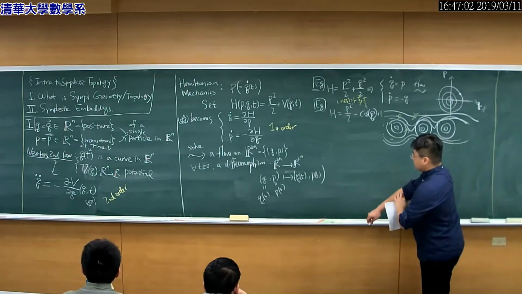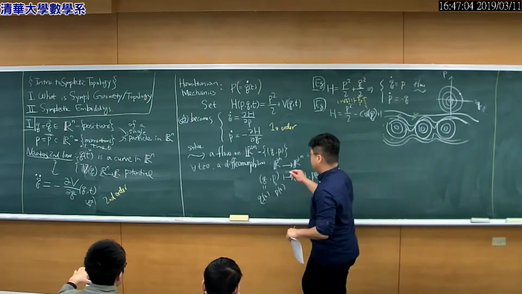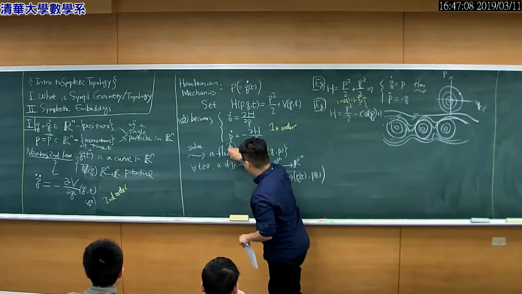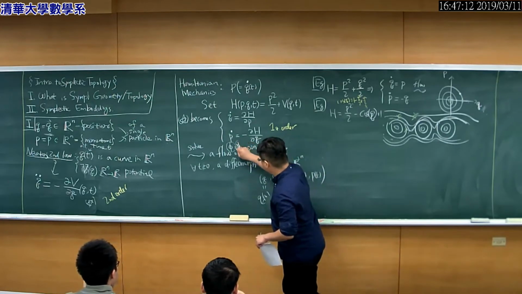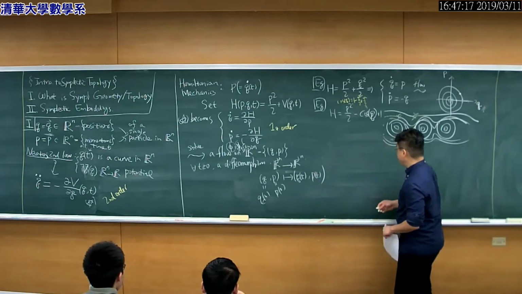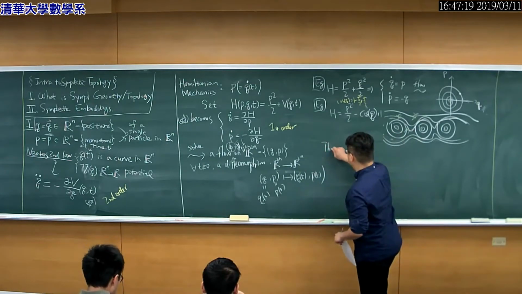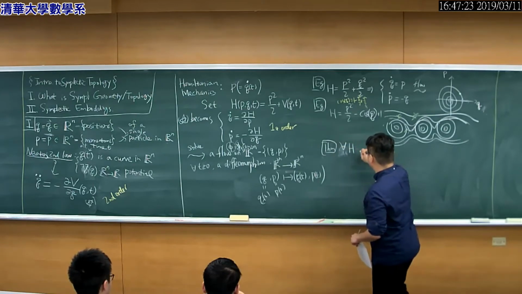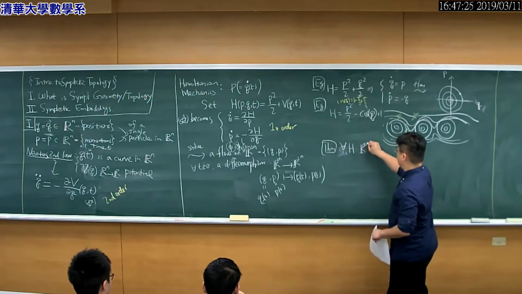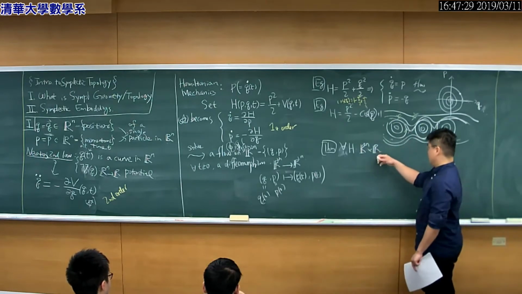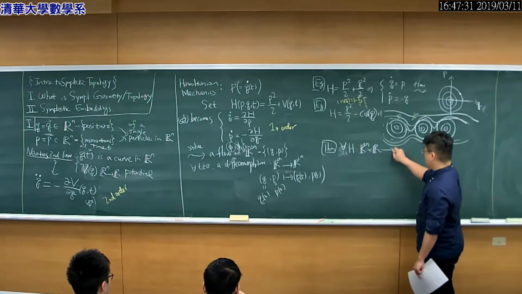Such flows, let's say phi, form a group. So for any function, this index is for the time.